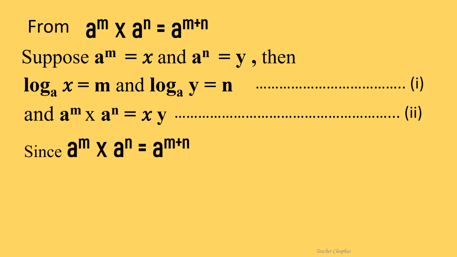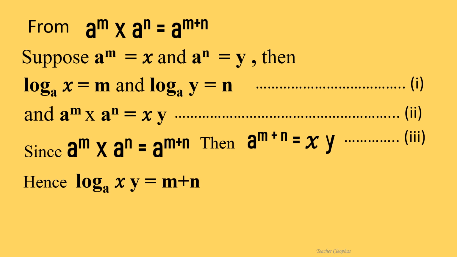Since in our first statement we have a power m times a power n equals a power m plus n, then a power, the sum of m and n, should be equal to xy. That gives us our third equation. Hence, logarithm of xy to base a equals m plus n. This is our fourth equation.